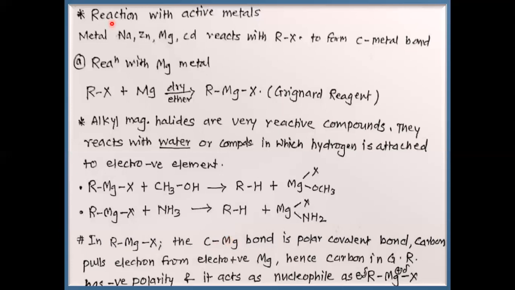It is an active metal. Sodium, zinc, magnesium are active metals. The electronegativity of magnesium is less than that of carbon, so the shared electron pair is pulled towards carbon. So carbon gets a partial negative charge and magnesium a partial positive charge. So in Grignard reagent, carbon acts as a nucleophile.